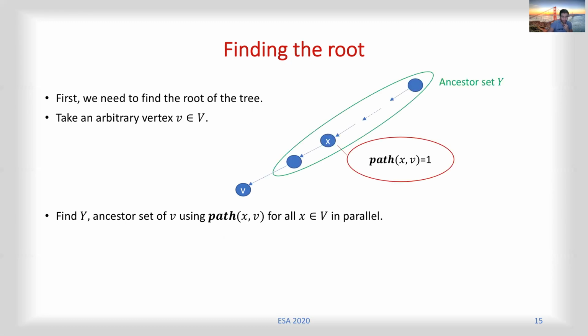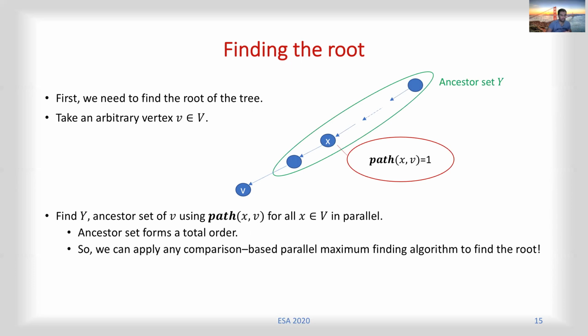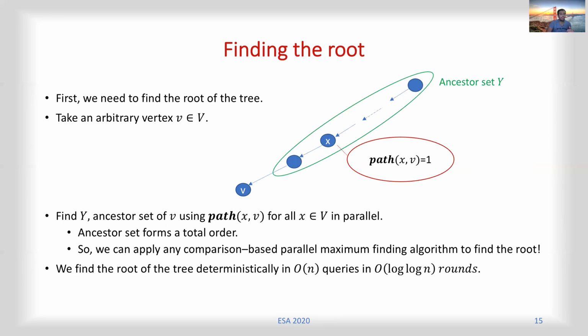After finding the ancestor set of v, as we know that this ancestor set forms a total order, we can just apply any comparison-based maximum finding in parallel to find the root.